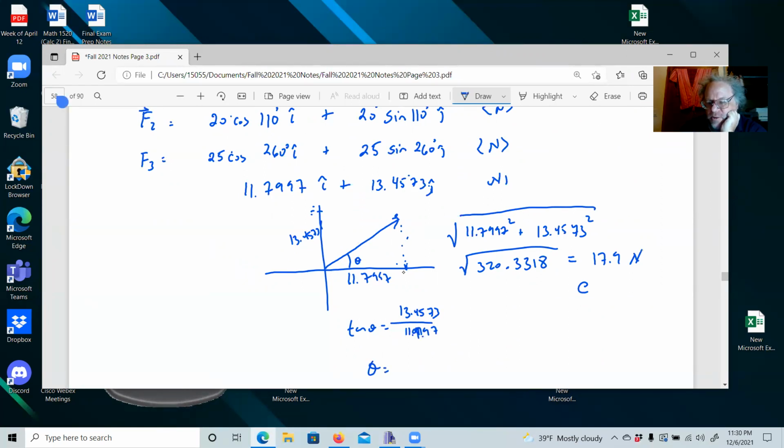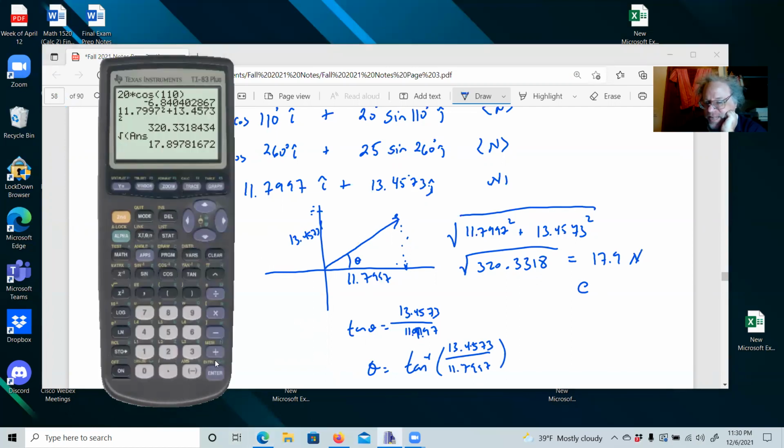So theta is going to be the inverse tangent of 13.4573 over 11.7997. And again, we're in degrees. That's fine. It didn't say use radians.